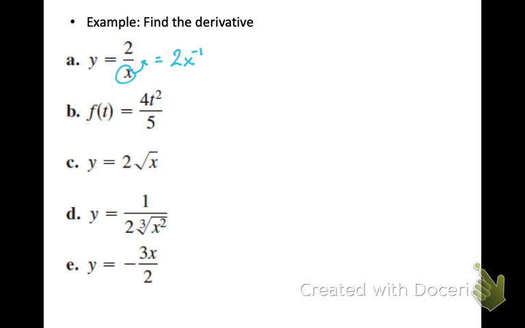Riley, what'd you get? Negative 2x. Close. To the negative second. Because negative 1 minus 1 is negative 2. Can I leave it like that? No. So I have negative 2x to the negative second. You put it on the bottom.